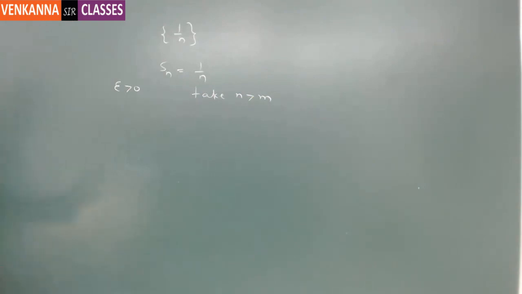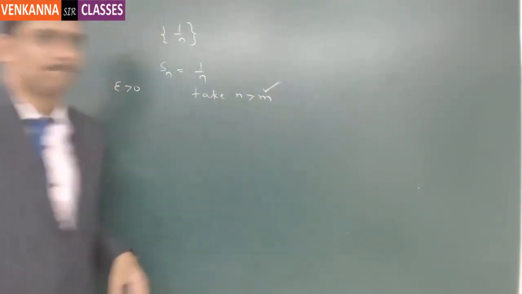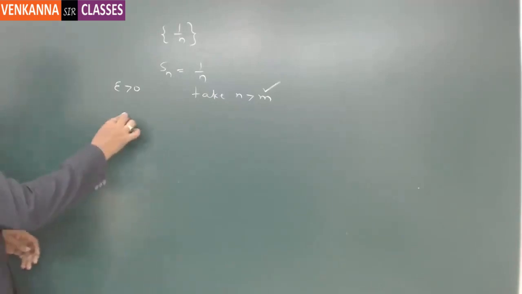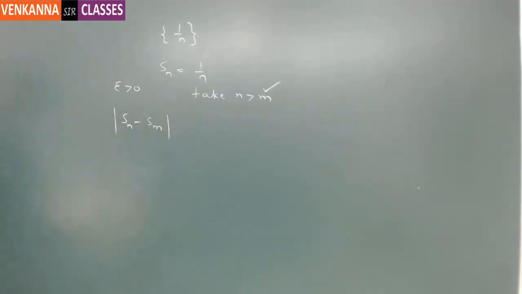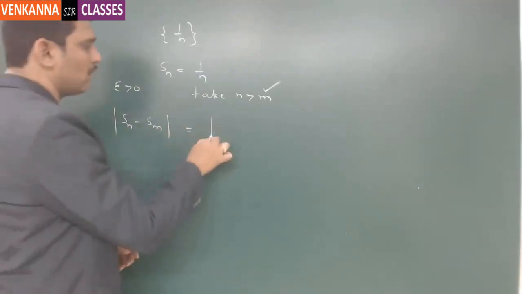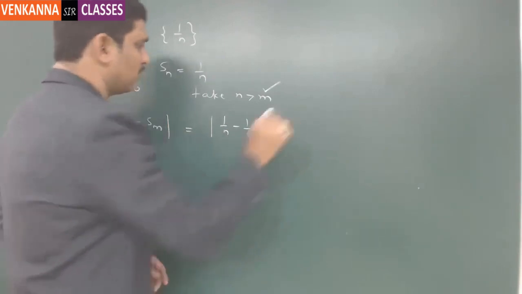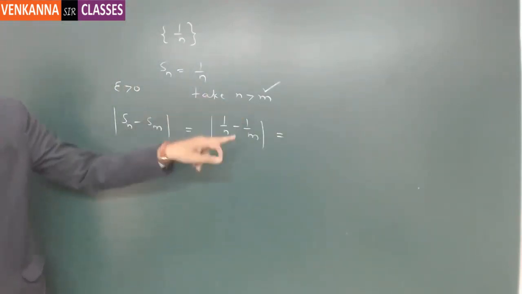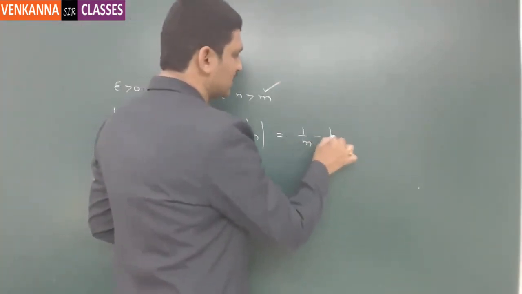If you are able to say what is the term number m, then you are done. It is just like the definition of the limit. So you consider mod Sn minus Sm. It is nothing but mod 1 by n minus 1 by m. Since n is greater than m, 1 by n is less than 1 by m, so this is nothing but 1 by m minus 1 by n.